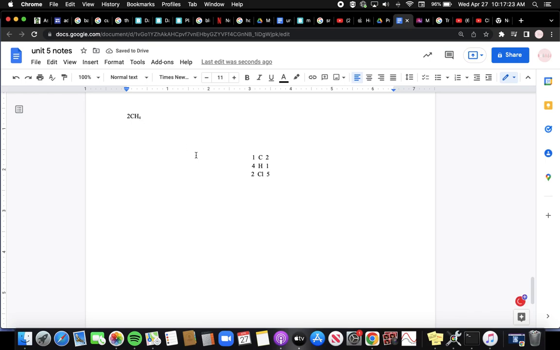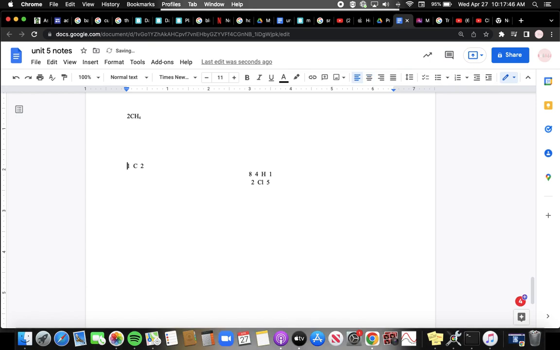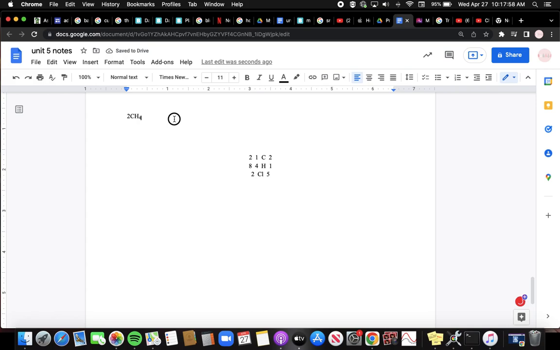But since it's going to be times 2, that would make the 4 turn into an 8, right? And then we don't have this 4 anymore. So then the 8 over here. But now this one turns into a 2. This one turns into a 2. So these ones are even. But the H's are not even, right?